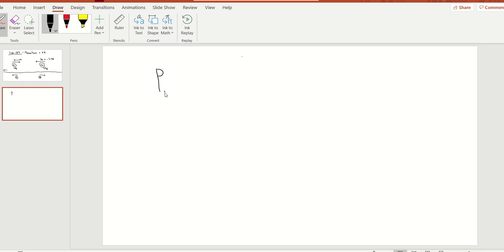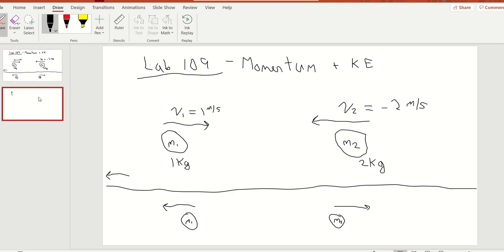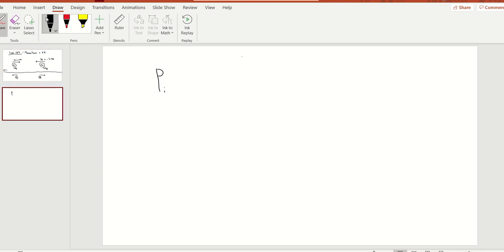So for the picture I drew before, the momentum of the system P is equal to M1 times V1 plus M2 times V2.